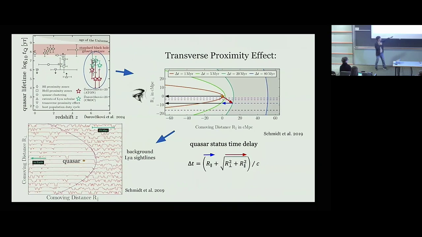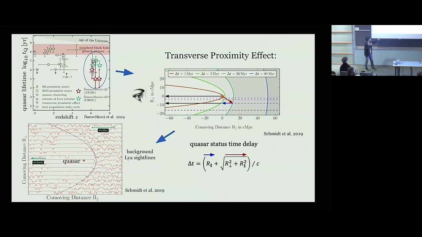And if we fix the delta t, this time delay, this equation will give us a parabola in this space. That is to say, the points on this parabola in the space are probing the quasar activity at the same time ago. And now we can convert the line of sight co-moving distance to some redshift or wavelength if we look at a specific absorption, for example, the lambda alpha.